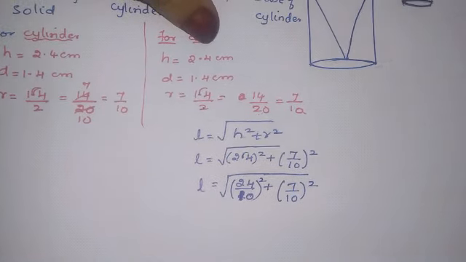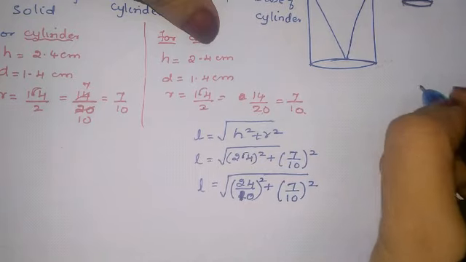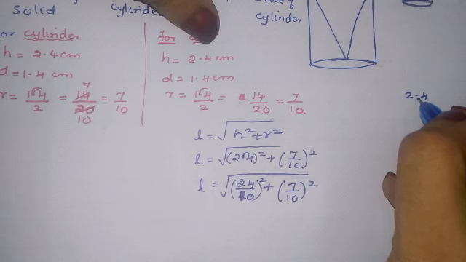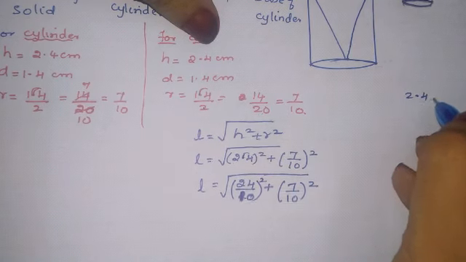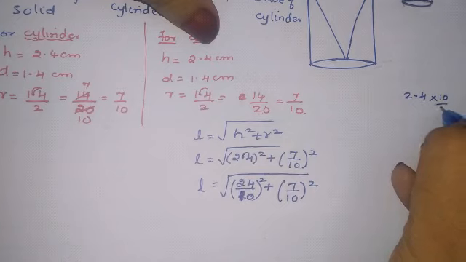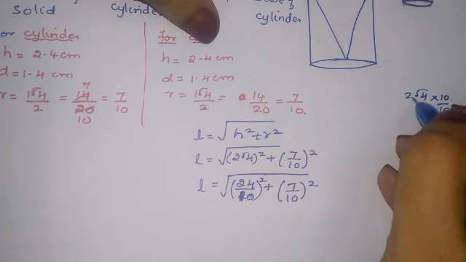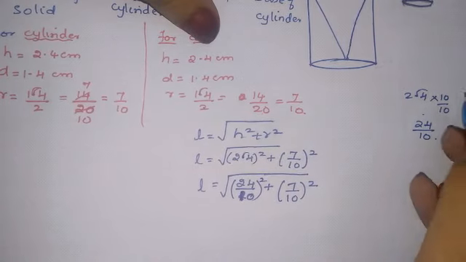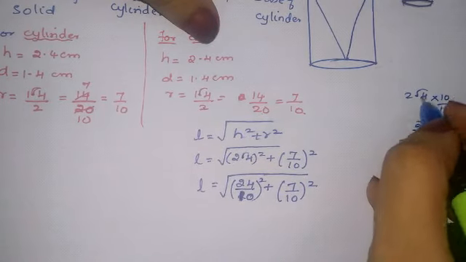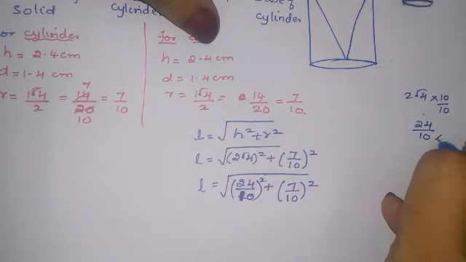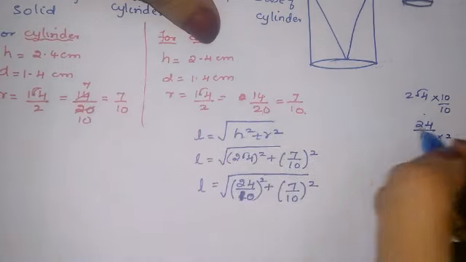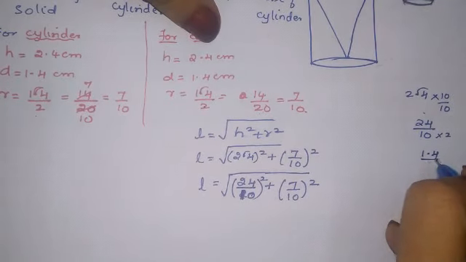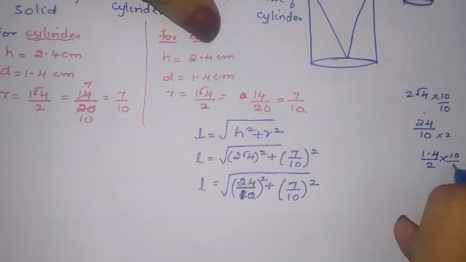If you are confused with removing the point, let me show you here in rough. For 2.4, after the decimal only one digit is there, so it should be multiplied by 10 and divided by 10. Point gone, it becomes 24 upon 10. For example, here 1.4 by 2, multiply by 10 into 10.